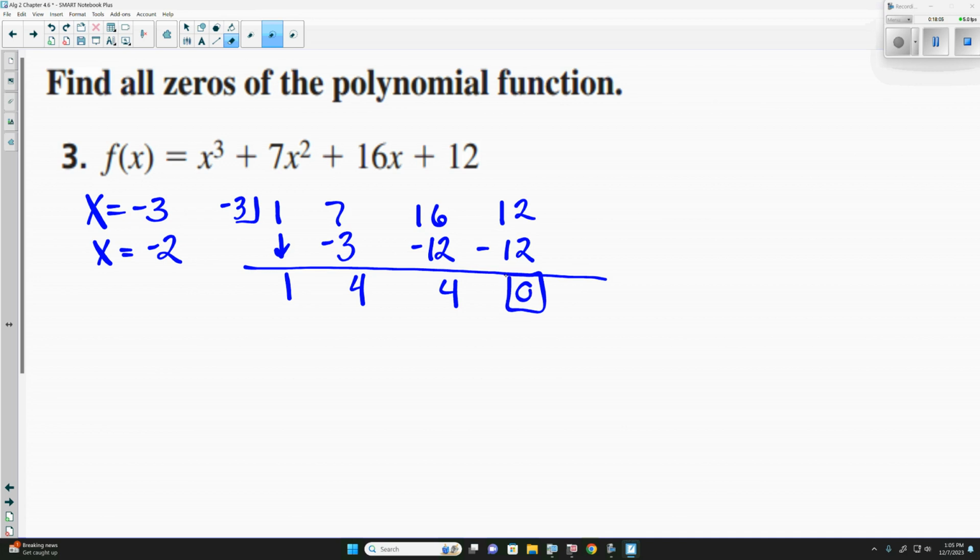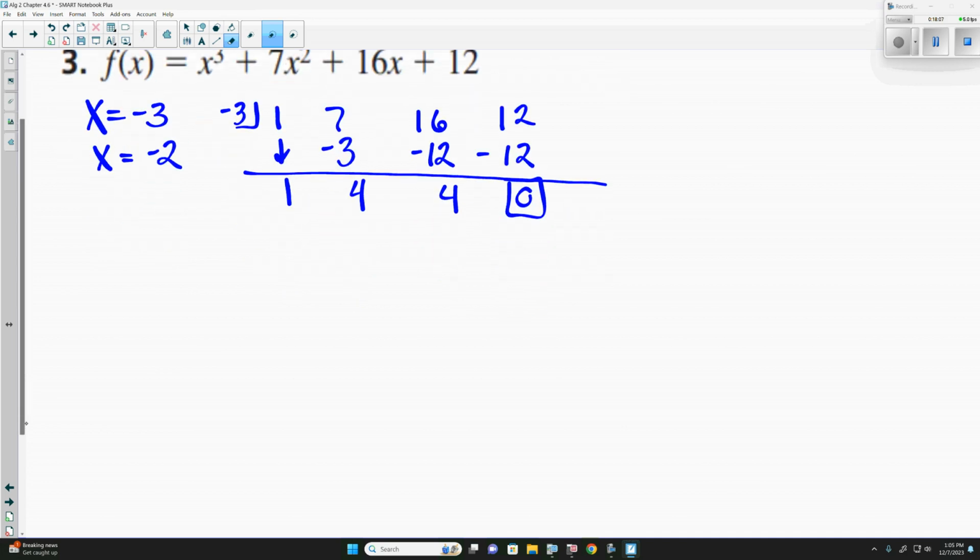Now at this point we do have it as a quadratic and we could solve, but we do have another value of x that we can try, which is -2. -2 times 1 is -2. 4 plus -2 is 2. -2 times 2 is -4. And 4 plus -4 is 0.